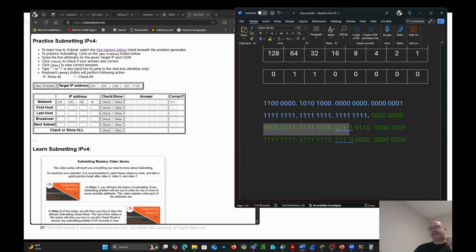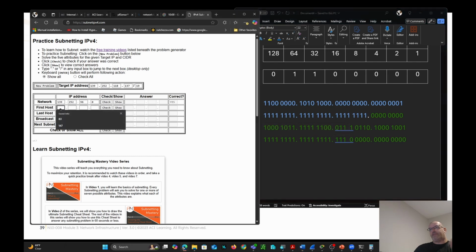So if this is 96.0, what is that going to be? 96.1. Correct. So let's go look at that. 139, 252, 96.1. It autofilled. Yeah, sorry.